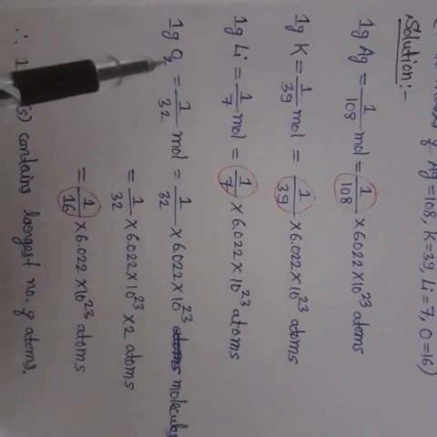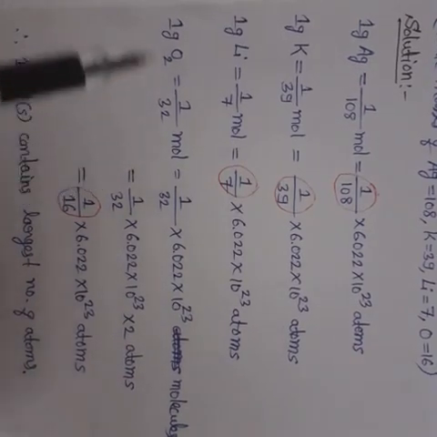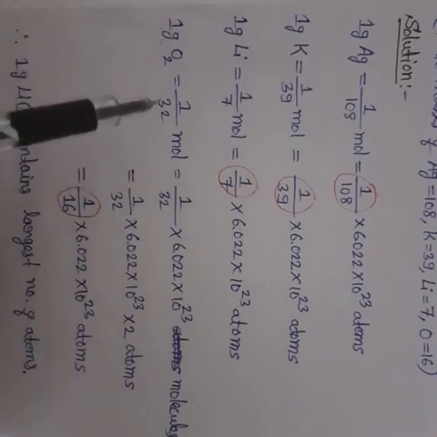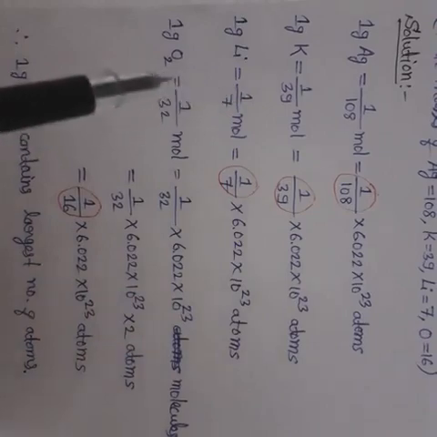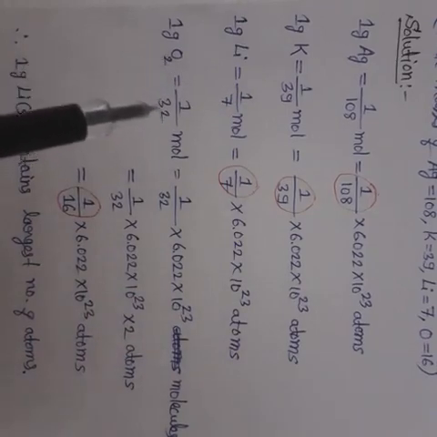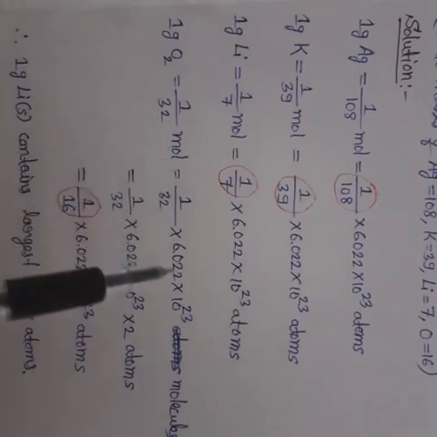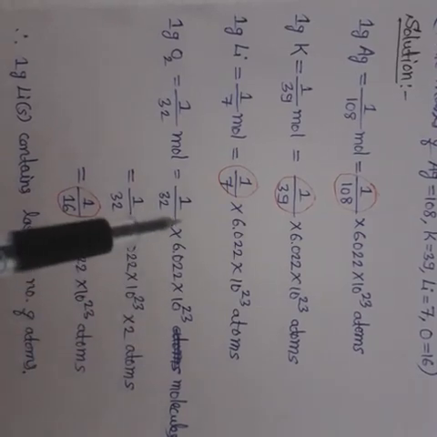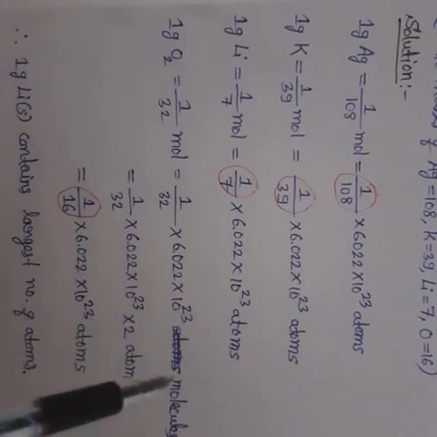1 gram of oxygen is equal to 1 divided by 32 mole. To convert grams into moles, the grams should be divided by the molecular mass of oxygen, that is 32. Actually, one oxygen atom means 16, but here two oxygen atoms are there, so it is 32. 1 divided by 32 into Avogadro number of molecules, that means 1 divided by 32 into 6.022 into 10 to the power 23 molecules.